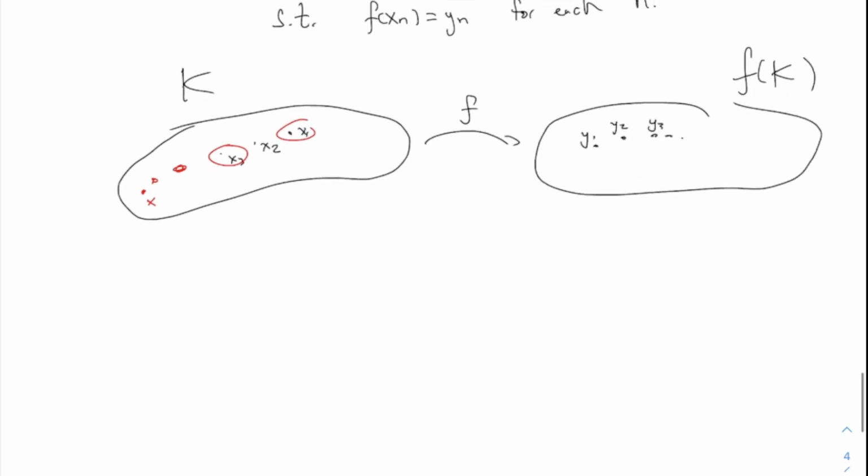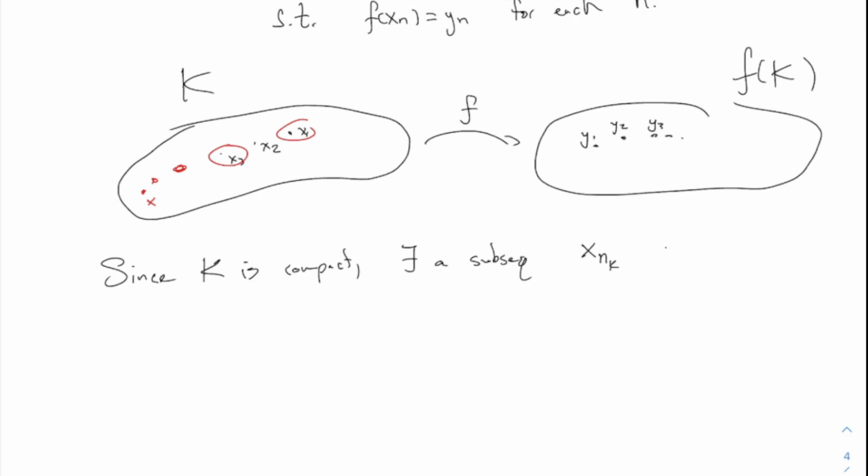So since K is compact, I'm going to write that in words. Since K is compact, there exists a subsequence, the red ones, which, if you're writing about this, you have to call something like x_{n_k}.